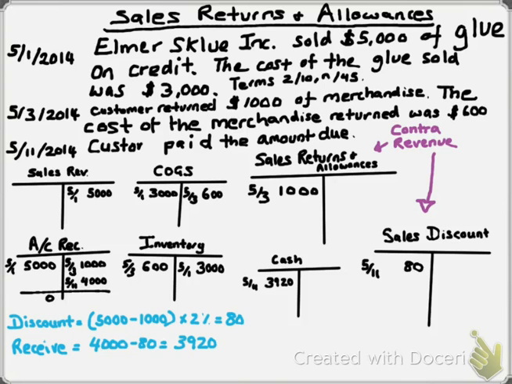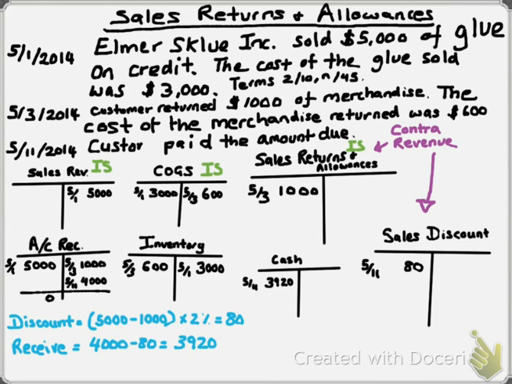Finally, let's take a look at where each of these accounts will be reported in the financial statements. Sales revenue will be reported in the income statement. Cost of goods sold will also be in the income statement. Sales returns and allowances will be in the income statement, and you're going to subtract sales returns and allowances from sales revenue to show your net sales. Same thing for sales discounts.